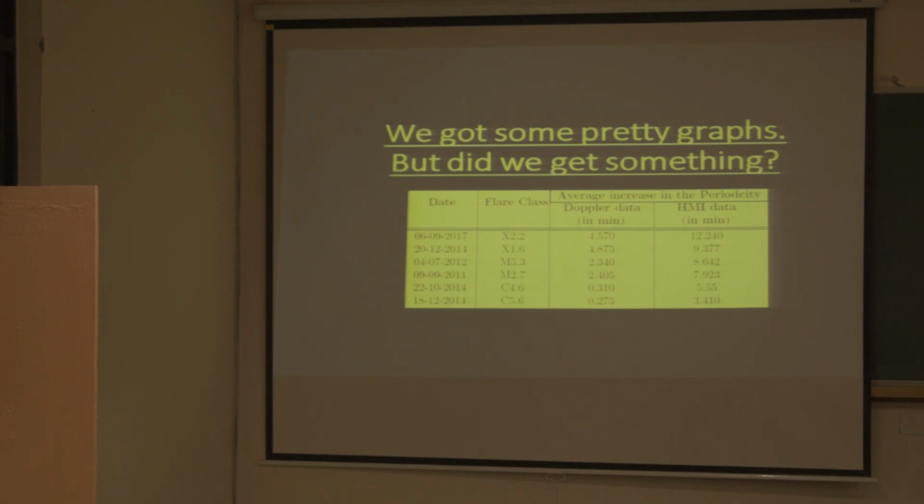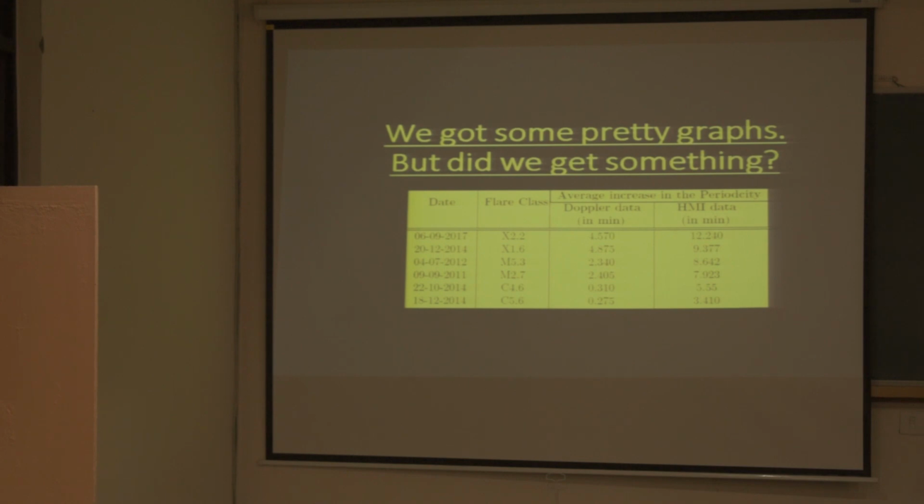So can you see a trend in this periodicity table? In HMI mainly, in Doppler there is no trend visible, but in HMI you can see a trend that as the magnitude of the flare is increasing, the increase in periodicity is also increasing. For the C class it's 3.4, then 5.5, then 7, 8, 9, and for the X 2.2 it's 12.240.